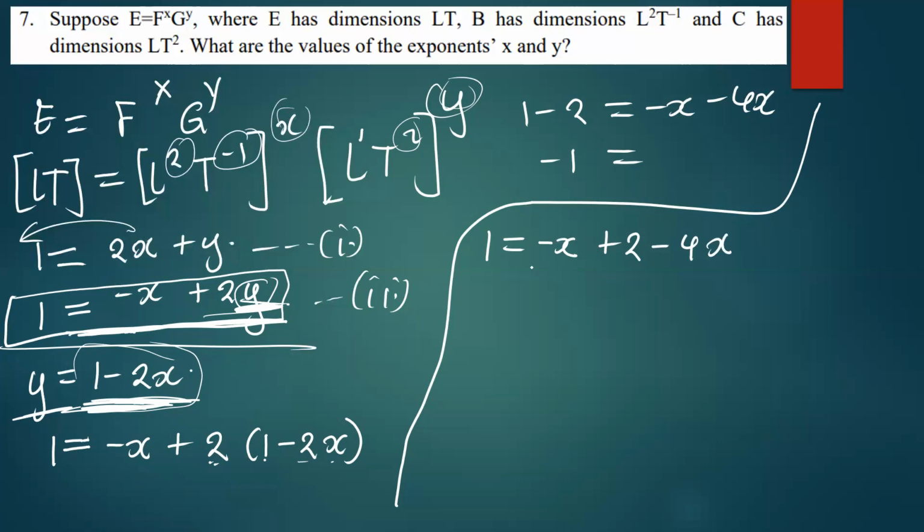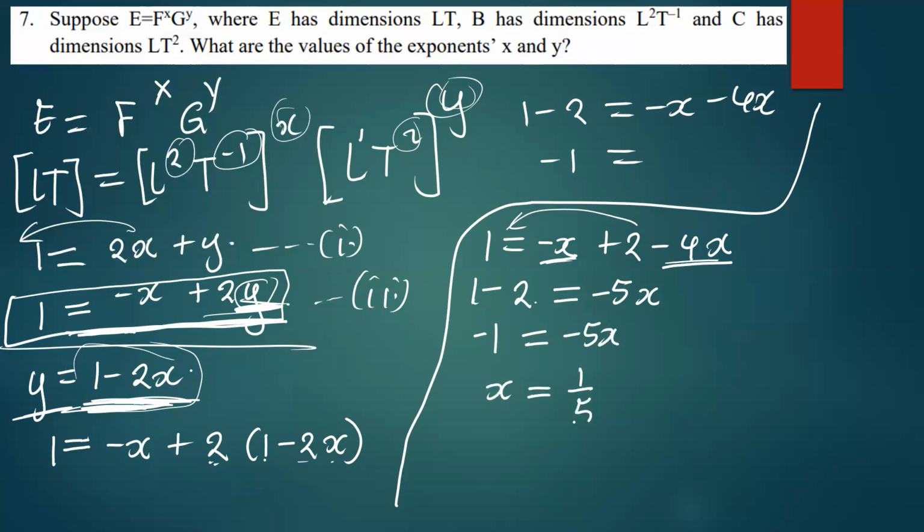Then from there, I just have to take this to the other side of the equal sign and then add these two. So I'm going to have 1 minus 2 being equal to -x and -4x. We'll add to get -5x. So this minus that, I'm getting -1, and this is equal to -5x, meaning the value of x will therefore be equal to 1/5.